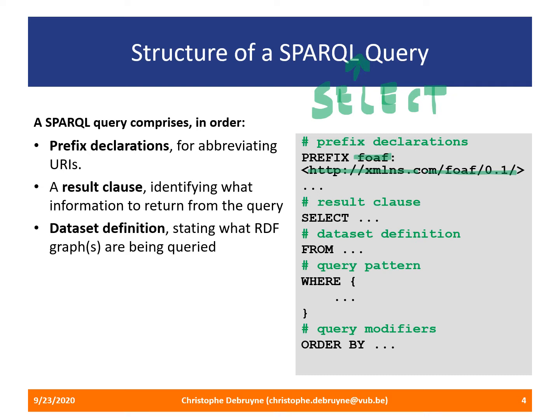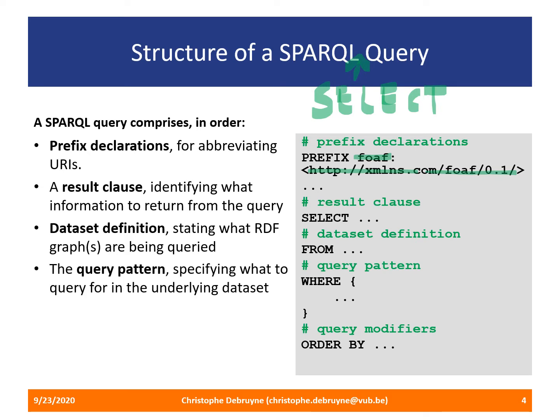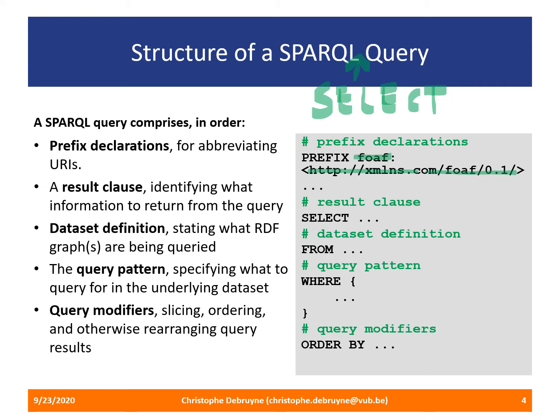Then we have our where clause, the actual query pattern, specifying what to query for in the underlying datasets defined in the dataset definition. And finally, we have our query modifiers, allowing us to slice, order, and otherwise rearrange the results in our result set.